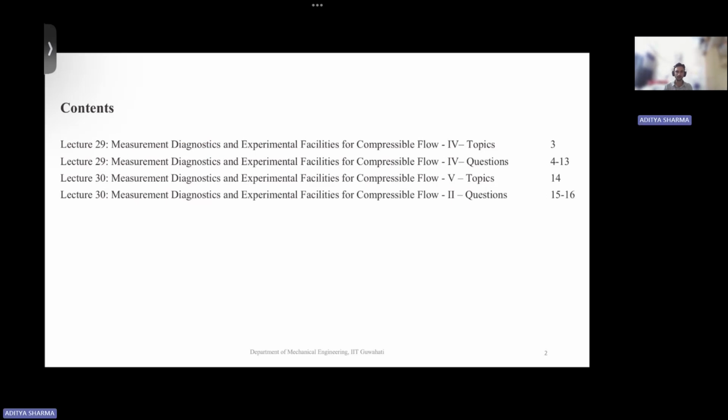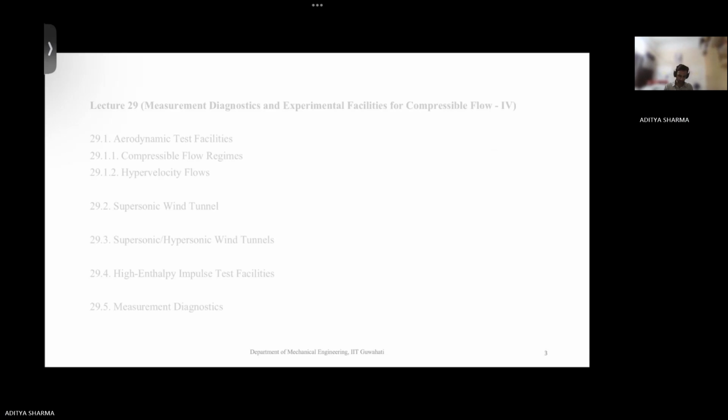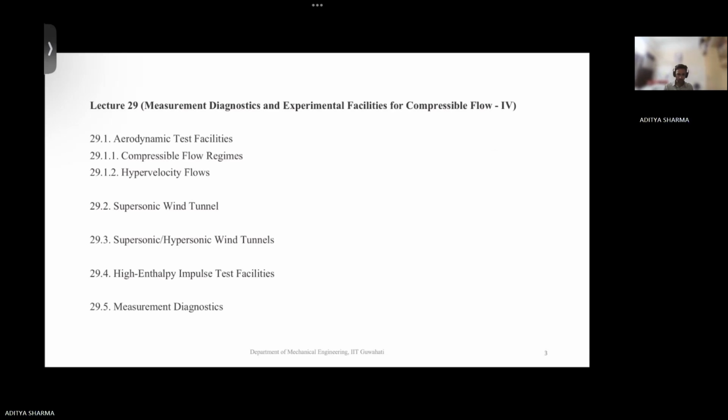And lecture number 31 is also there, where the shock tube setup has been explained. That I'll leave to the lecture video only. So we'll be discussing lecture number 29 and lecture number 30. You shall see topics and then questions related to each lecture. So we'll start with lecture number 29.